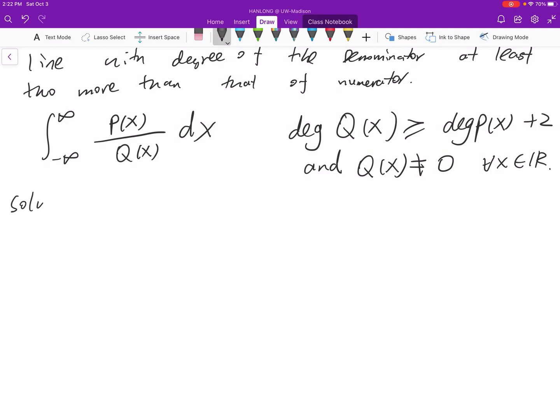Okay, and the solution, from previous experience, when you have a real number line as your domain to integrate, then naturally you will construct a long line along the x-axis combined with an upper semicircle.